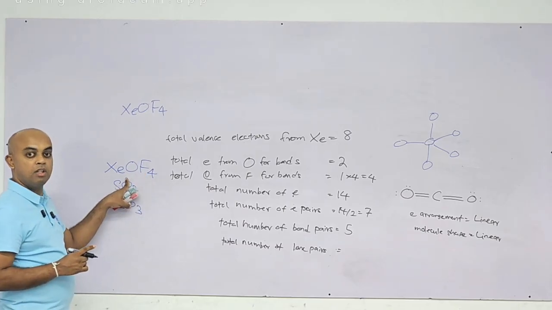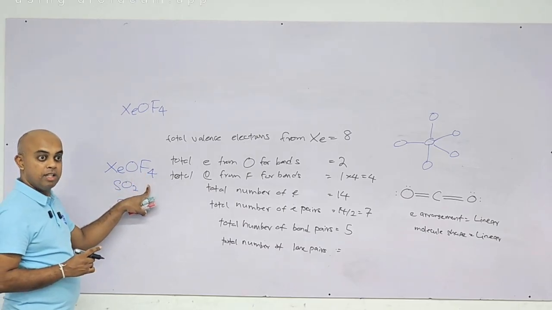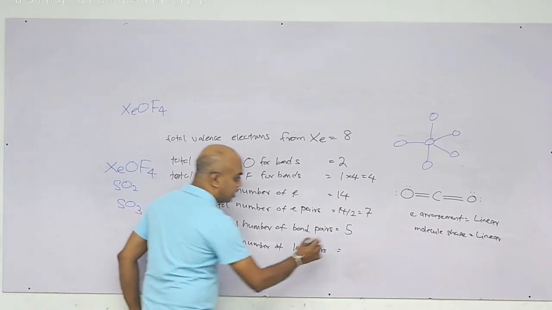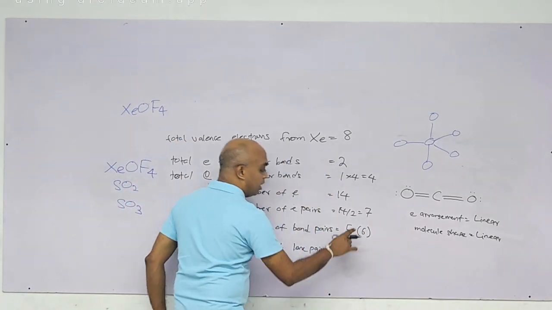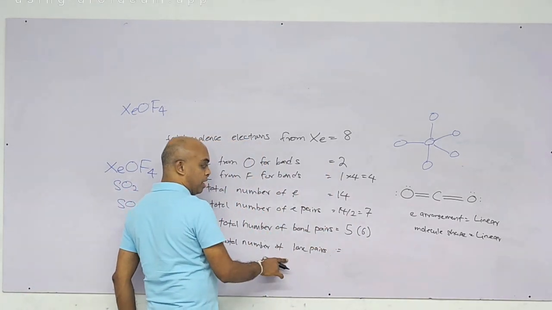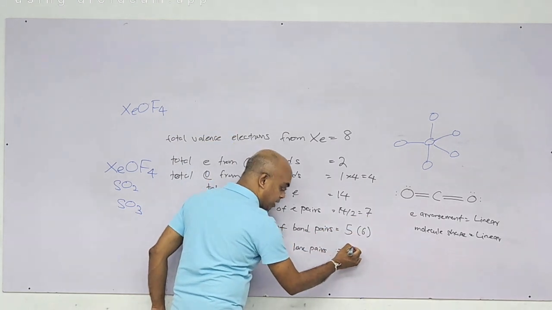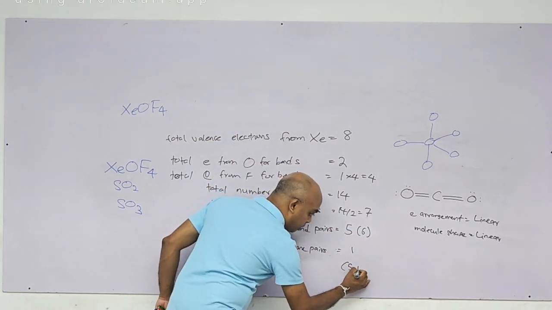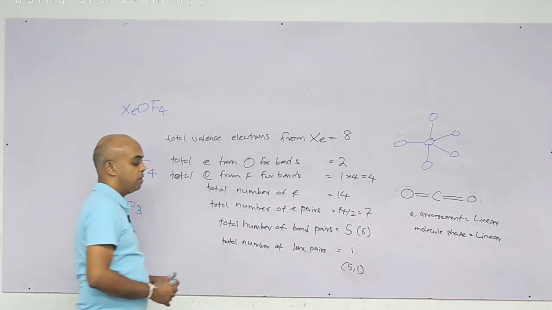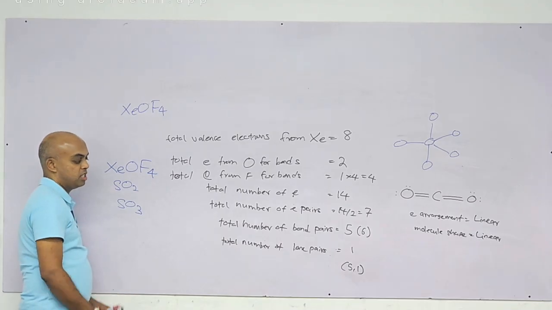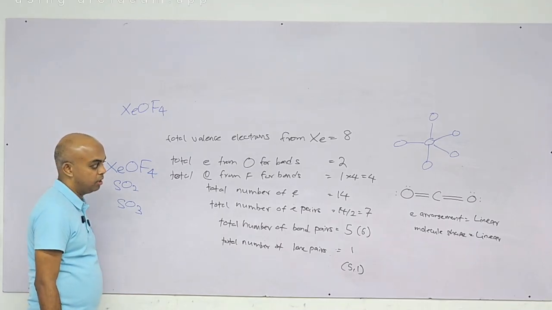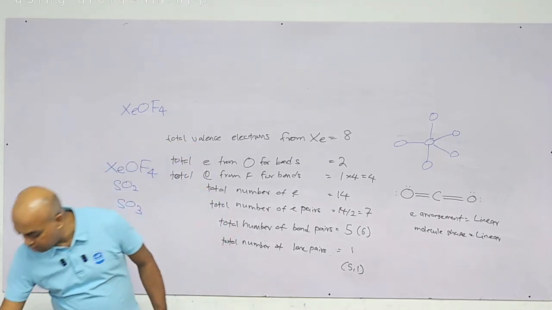Altogether 6, right? So 6 will be consumed. If 6 is consumed, lone pairs would be 7 minus 6, that is 1. So 5, 1, I think, is square pyramidal. The shape would be square pyramidal.